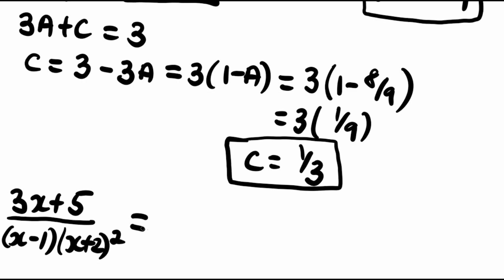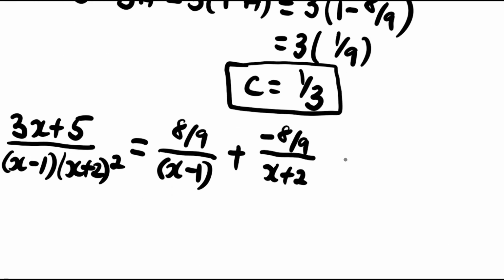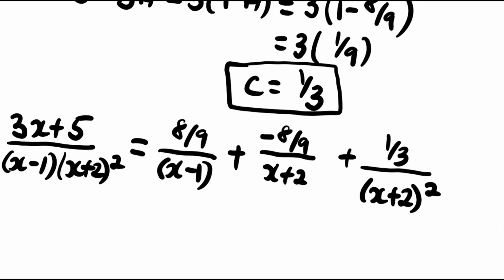This is equal to a, the value of a is 8 over 9, so it's 8 over 9 over x minus 1, plus the value of b, negative 8 over 9, multiplying x plus 2, plus the value for c, 1 over 3, all over x plus 2 all squared.